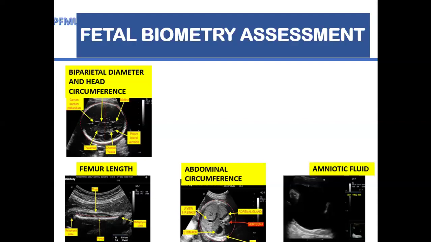We also assess amniotic fluid as part of growth assessment. And in amniotic fluid assessment, we use protocols which were adopted from Fetal Medicine Foundation UK, which is the global standard. So when you hear about fetal medicine units, we are operating at the global standard.